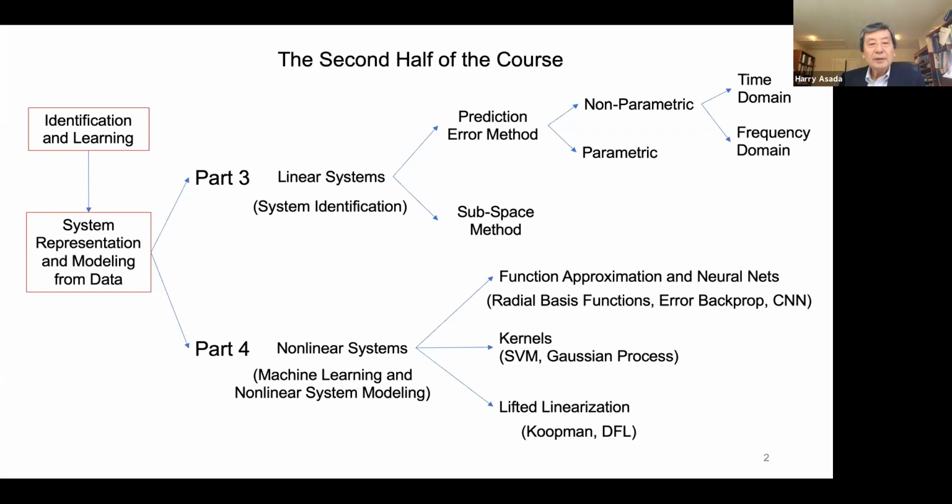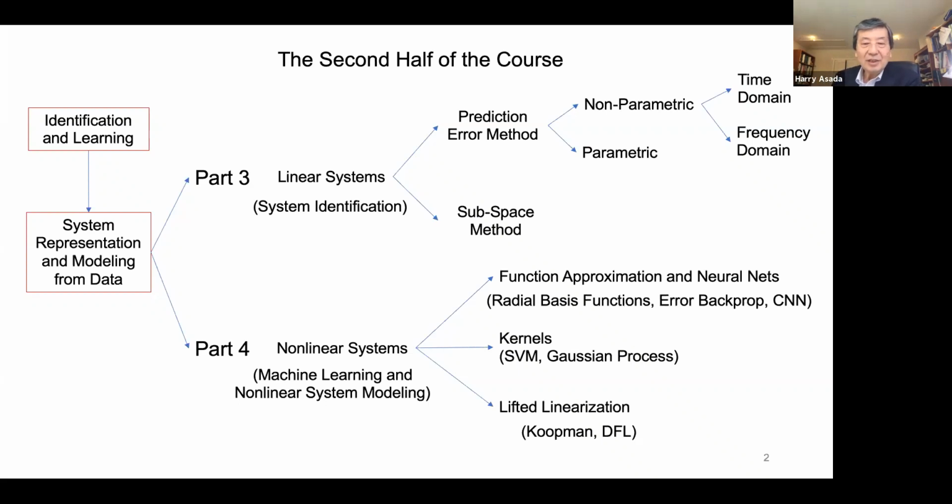On linear system identification, we have 2 branches. One is the prediction error model method versus the subspace method. The subspace method is connected to the so-called state space representation, like the equations we use in the Kalman filter, right? x dot equals Ax plus Bu.